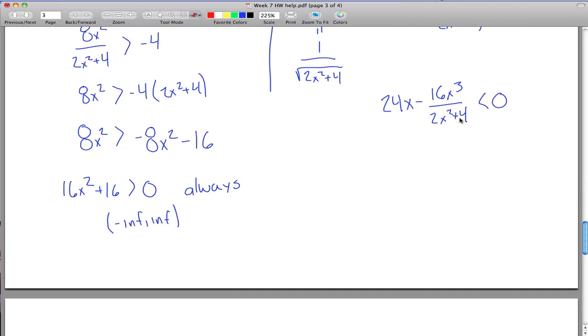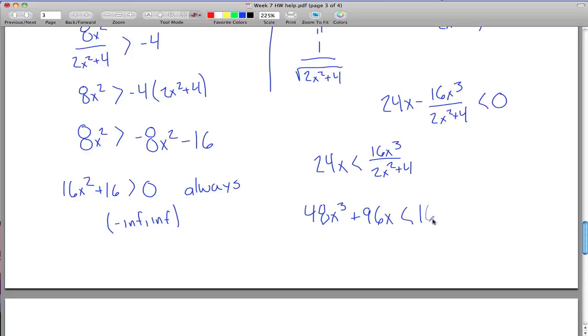To solve this mess, add all this over to the other side. You got 24x has to be less than 16x³ divided by 2x² + 4. Multiply this over to this side. Gives us 48x³ plus 4 times 24 is 96x.